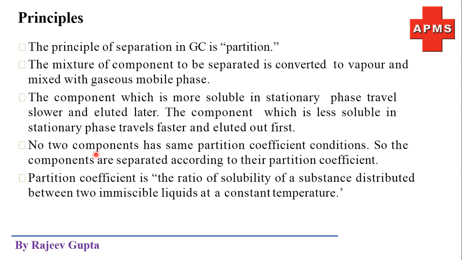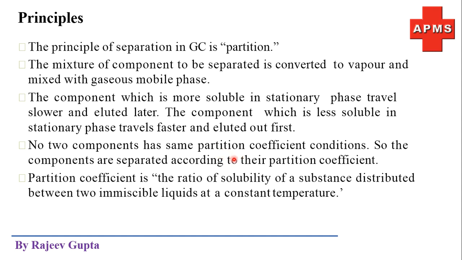If there are two or more components present in a sample, then we know that all the compounds, organic or inorganic, do not have the same partition coefficient. All the compounds have different partition coefficients, meaning their solubility in the stationary liquid phase will be different.